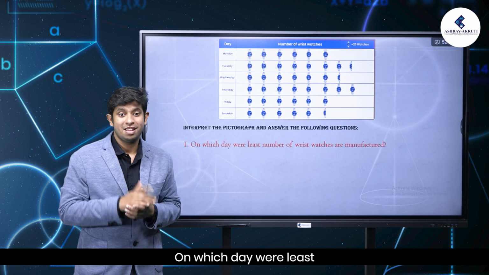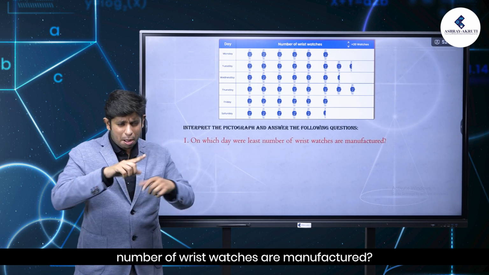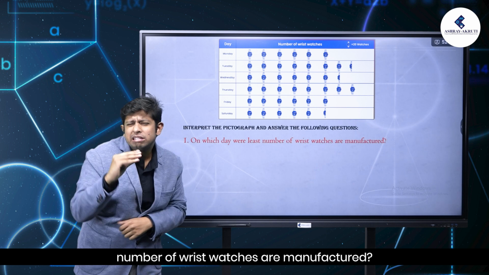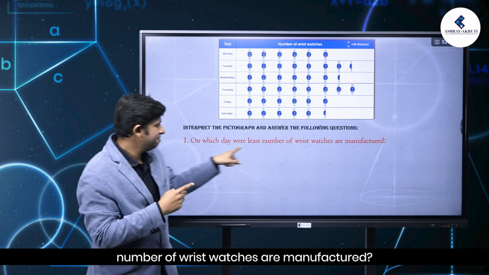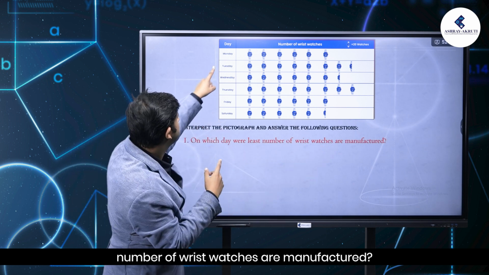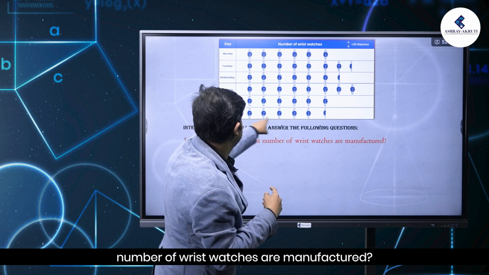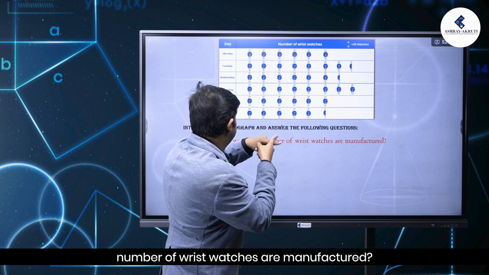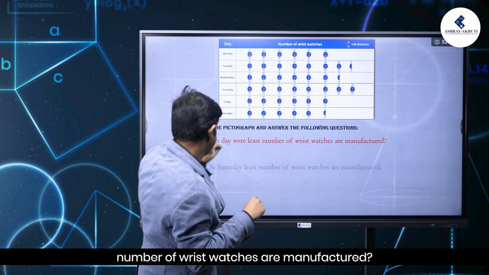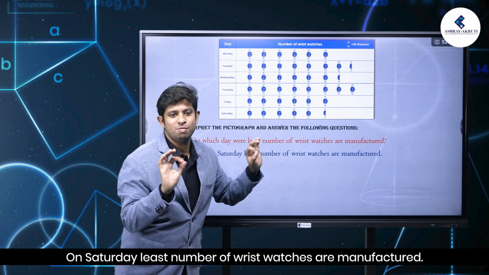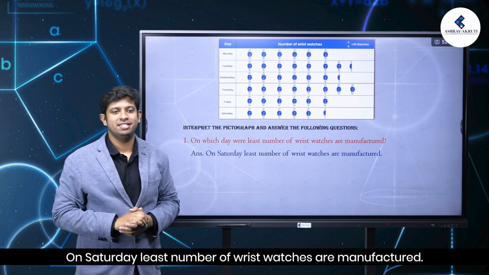On which day were the least number of wristwatches manufactured? On Saturday, the least number of wristwatches are manufactured.